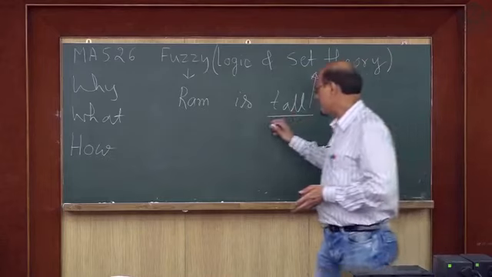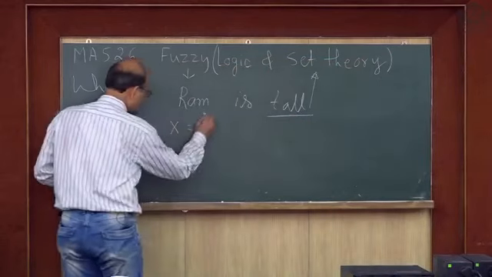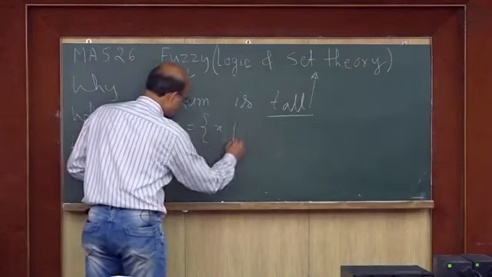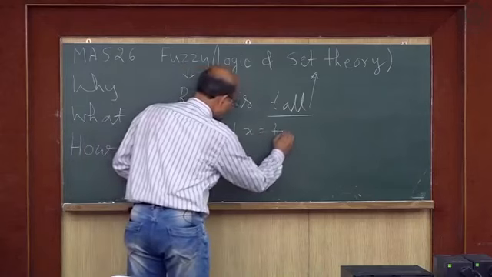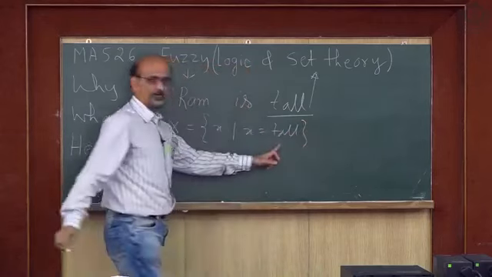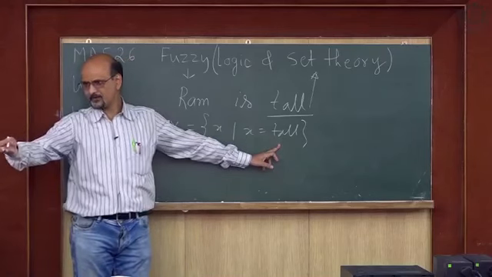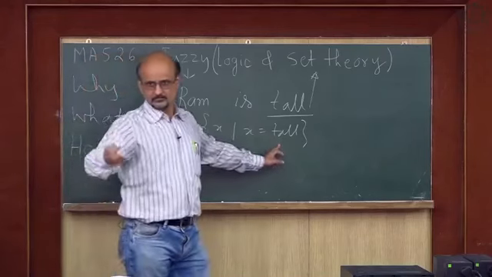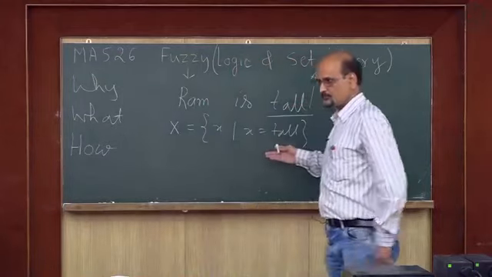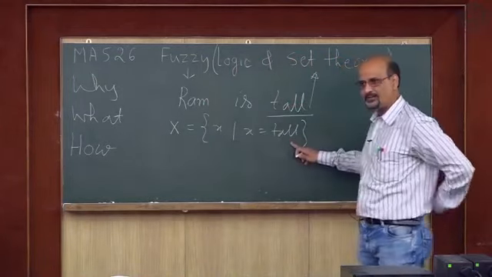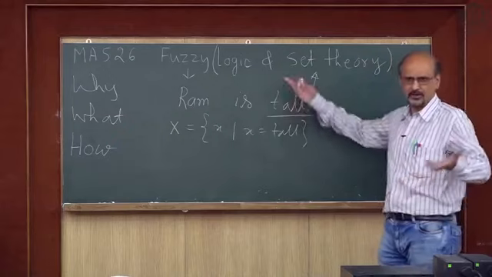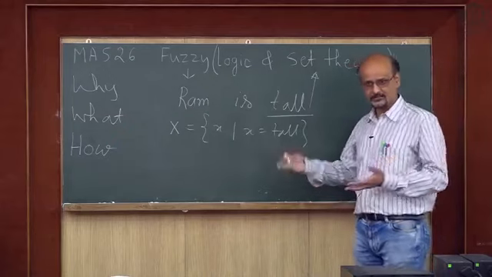Okay. So if I say that X is a set having elements x such that x is equal to tall, here you have to give some number. Some number you have to define depending upon your convenience. I can define here, suppose Chinese or Japanese or whatever, in any country where short heights are there, there are also long heights.